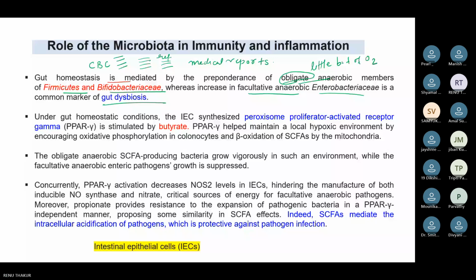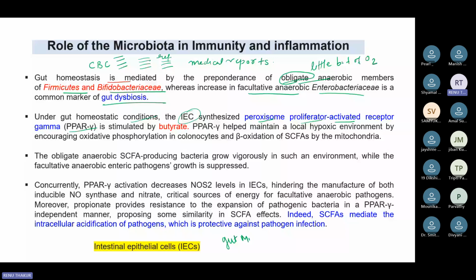You should know about this. We are first talking about the gut homeostatic condition.